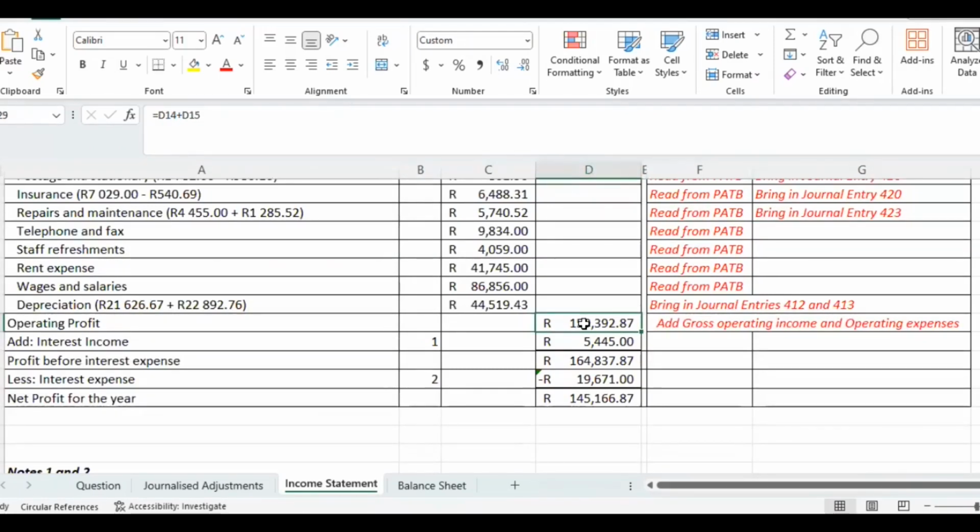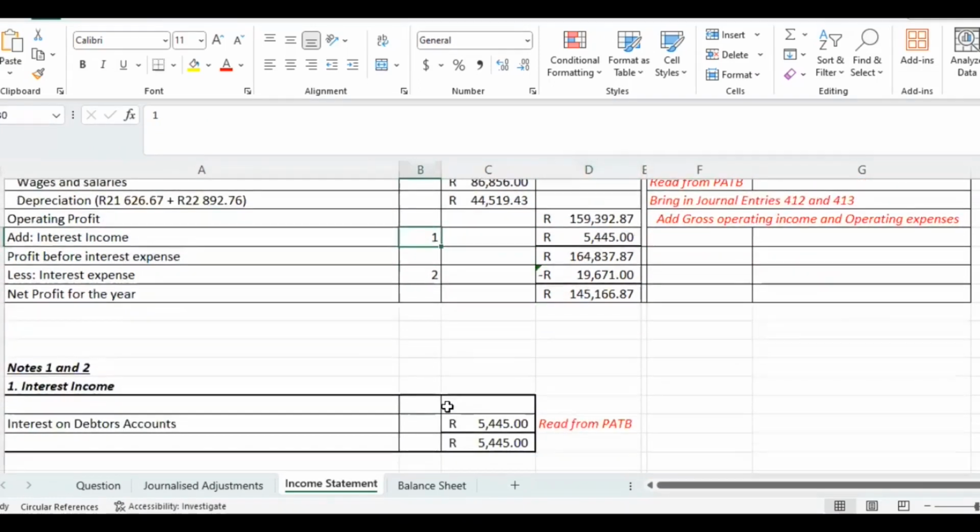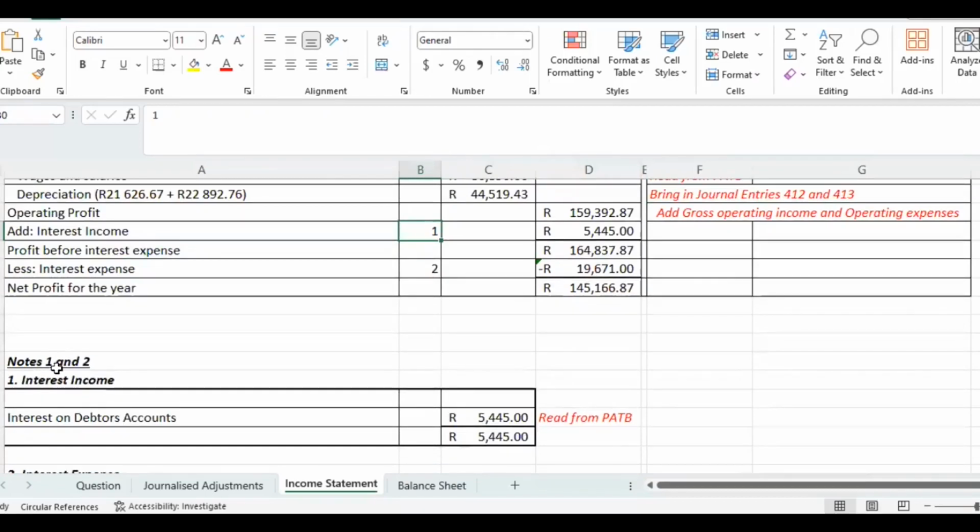Okay, that's operations. But now we have this thing that is either regarded as an income or an expense based on interest income and interest expense, but it's not relating to operating. So that is why we have to add it later, and we put that down as a note. Now, what do we say in the note? Let's look at note 1.